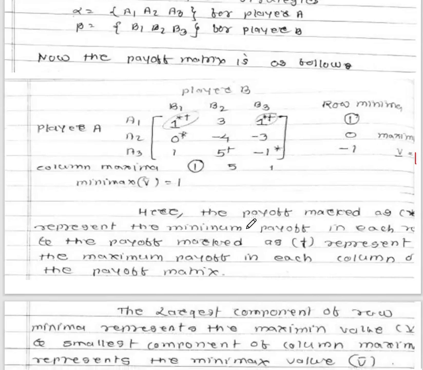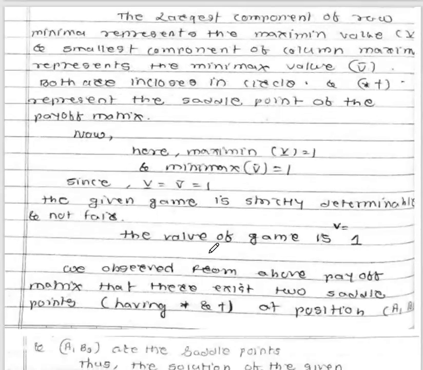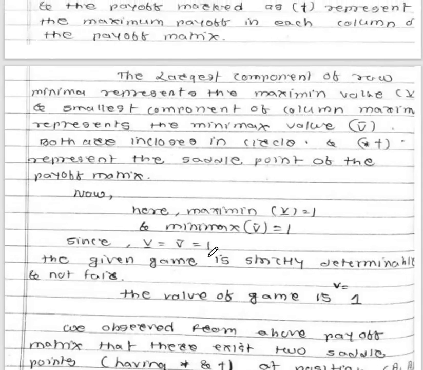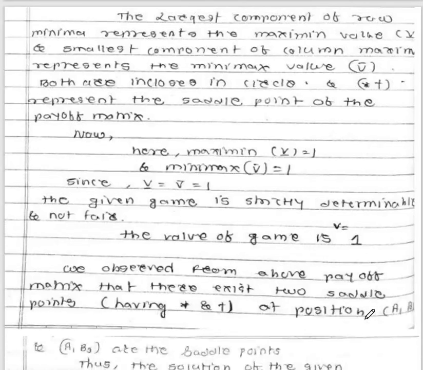There are two saddle points because star and plus intersect each other. So the game is strictly determinable but not fair. The value of the game is v equal to 1, because the lower value v bar and the upper value v bar are both equal to 1.